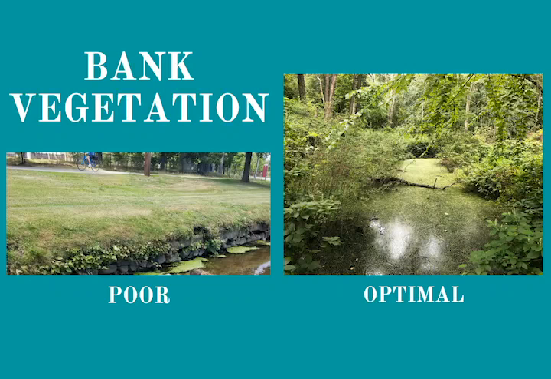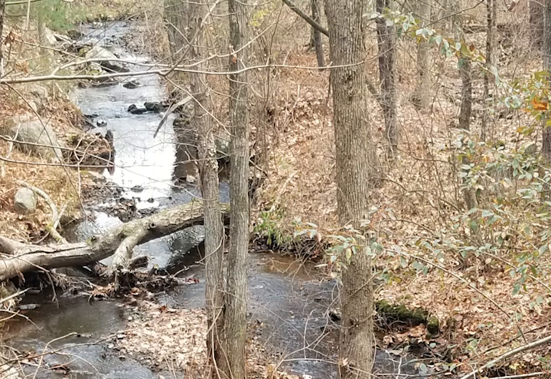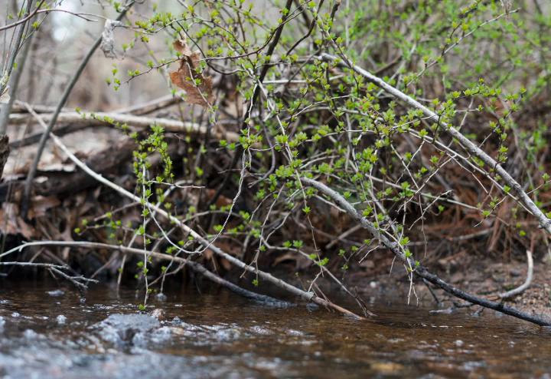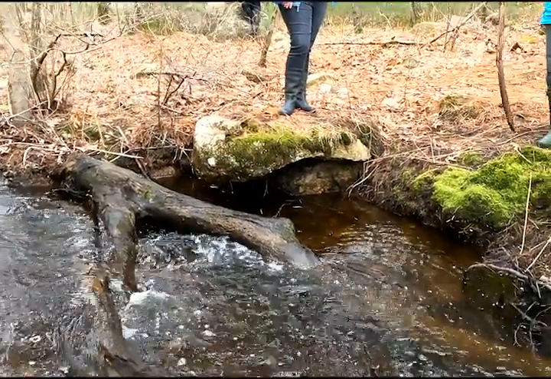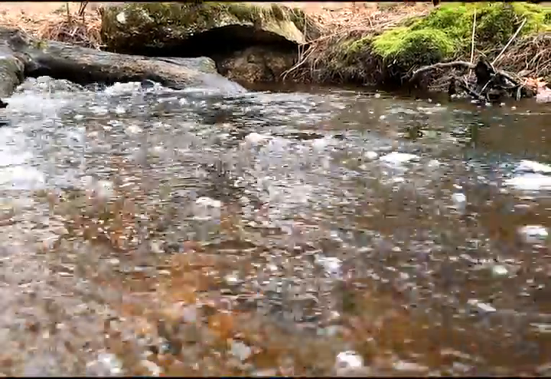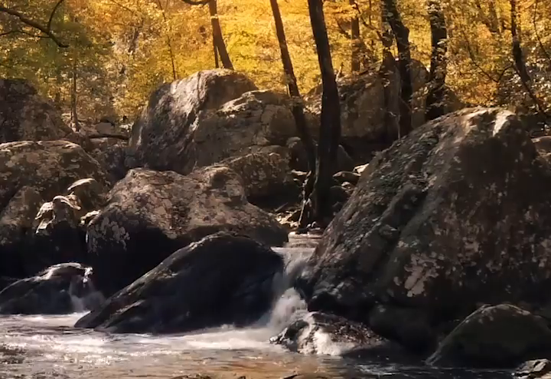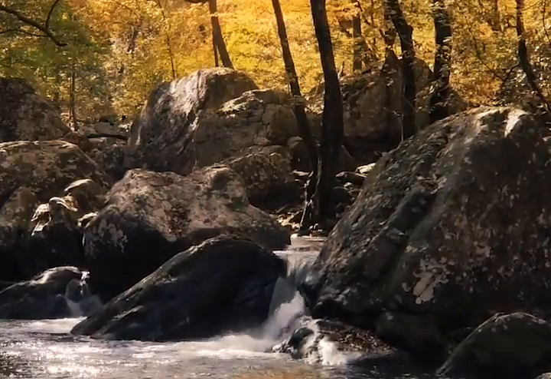The bank vegetation parameter evaluates the amount of vegetative protection the stream bank has, as well as the near stream portion of the riparian zone. We look for this because roots can help hold soil in place, thereby reducing the threat of erosion. Bank vegetation can also uptake nutrients, control the damage of high-speed water flow, and provide organic inputs and shade for temperature control.